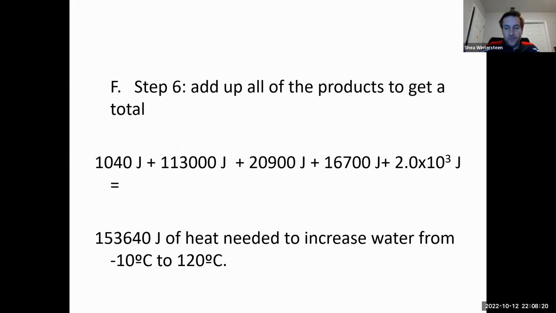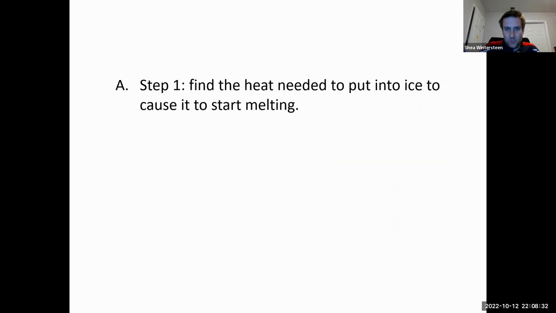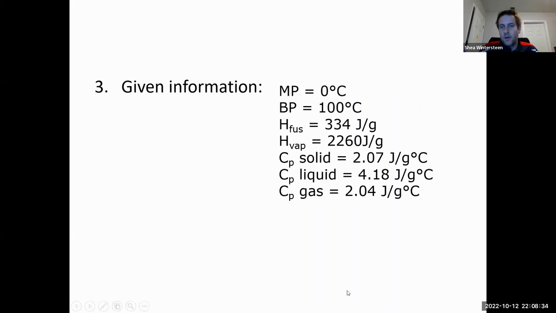And then, the College Board and the writers of the AP exam like to spice it up a little bit. What they might like to do instead is make these joules per mole. So if we started with 50 grams of water, we'd have to convert it to moles and then multiply everything out.